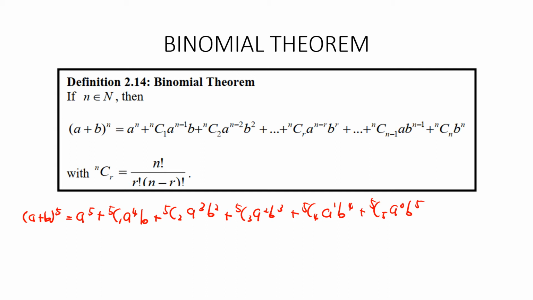For nCr, we use n factorial over r factorial times (n minus r) factorial.